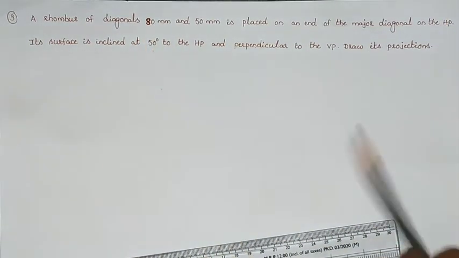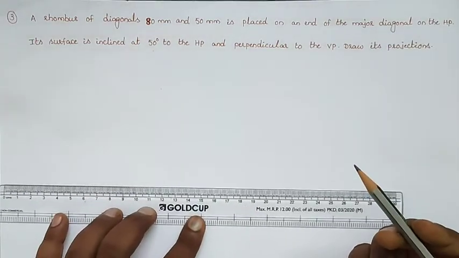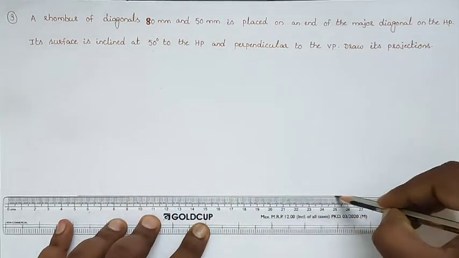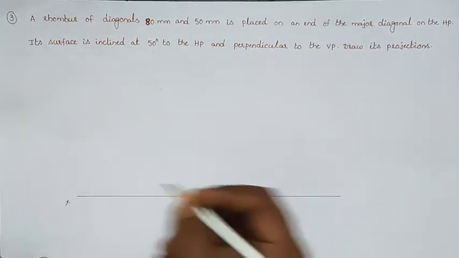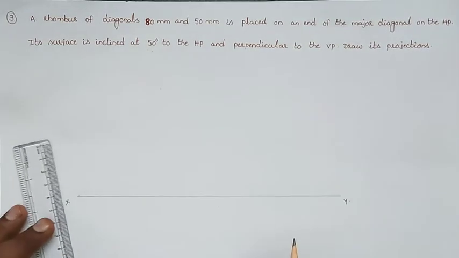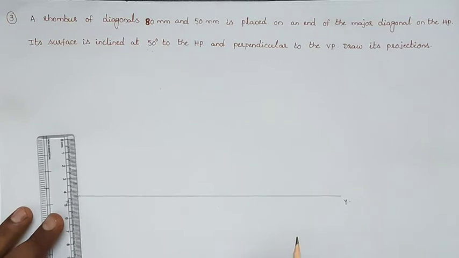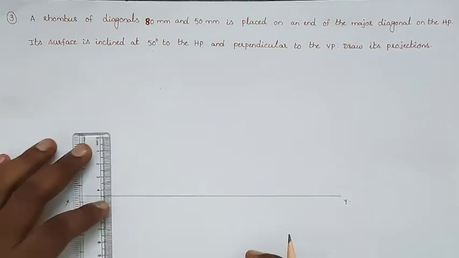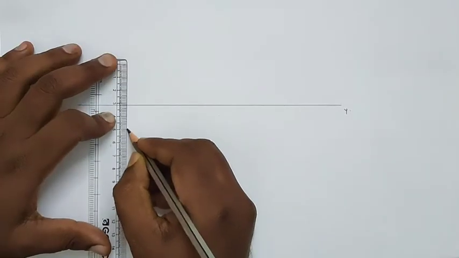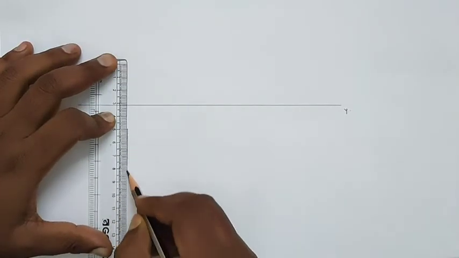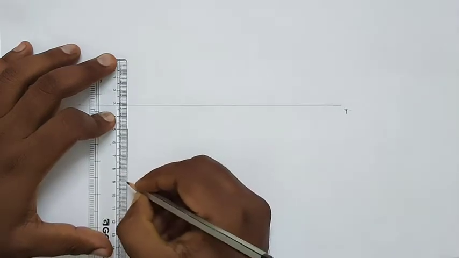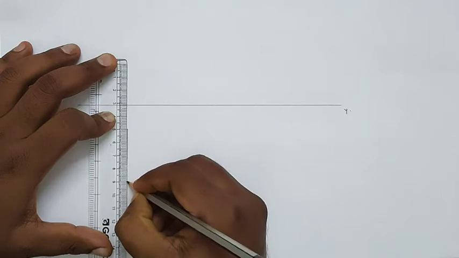So we will draw the first top view and first front view, and next we will go to the surface inclination position. Draw the reference line initially. Draw the rhombus with diagonals of 80 and 50. The longer diagonal is 80 and the smaller diagonal is 50. So I am drawing the longer diagonal of 80 mm. Locate the midpoint.